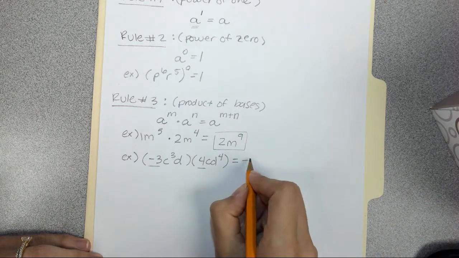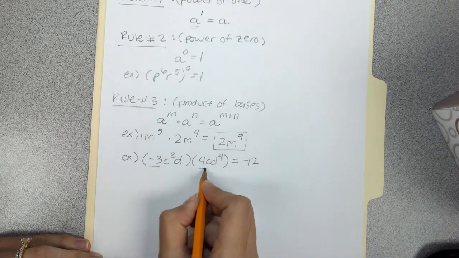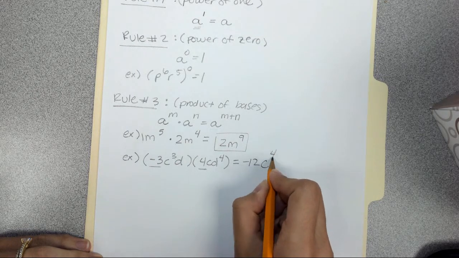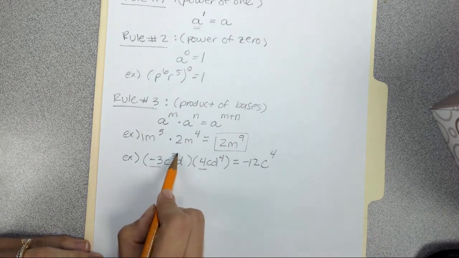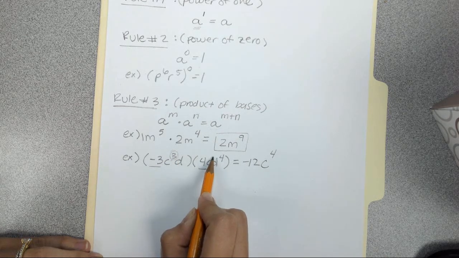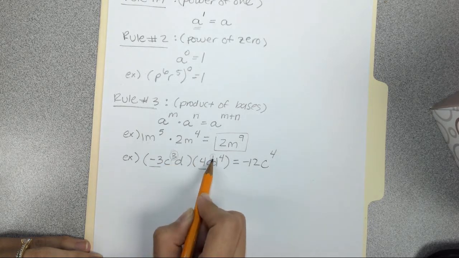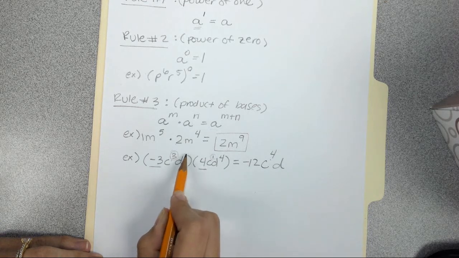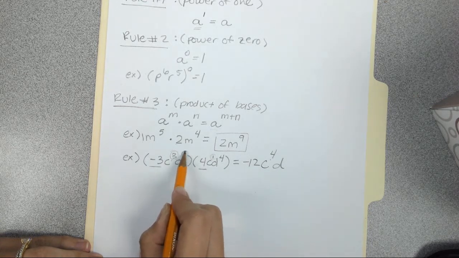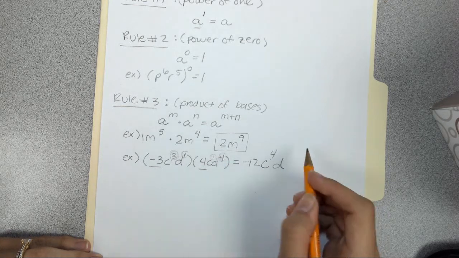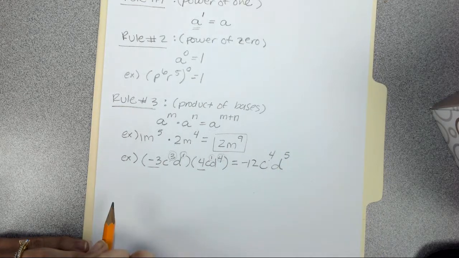So I'm going to go ahead and write my negative 12 first, and then I have c to the power of 4, and that's because I have 3 c's over here and this 1 c over here. So 3 plus 1 is 4, times d. I have 1 d over here and 4 d's over here, so 1 plus 4 is 5.